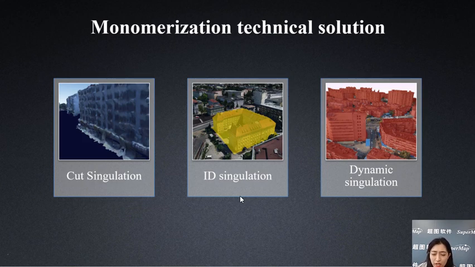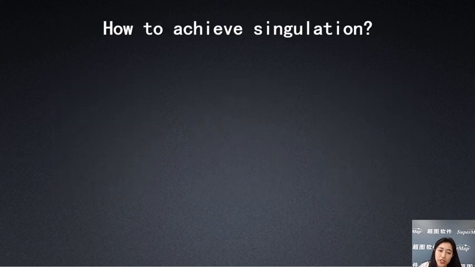When a certain triangle is selected by the mouse, other triangles with the same ID are obtained according to the ID value of the vertices of the triangle, and the other triangles with the same ID are highlighted, and the effect of individually selecting a certain feature is realized. And the dynamic singulation is the one we often use.